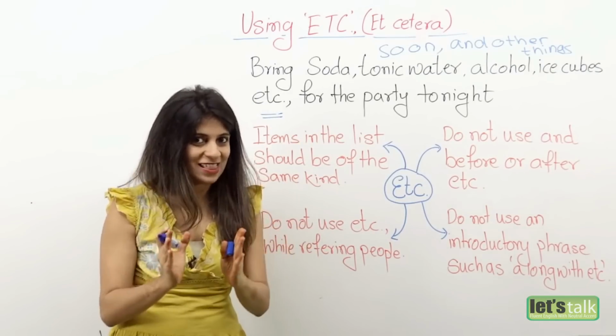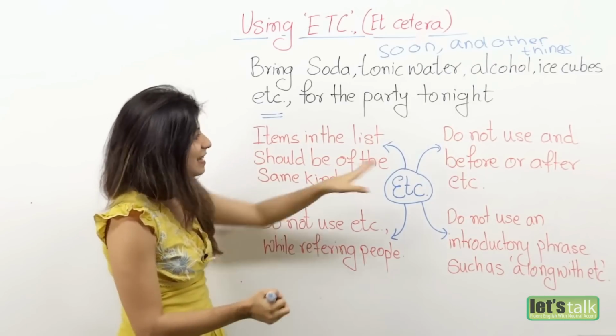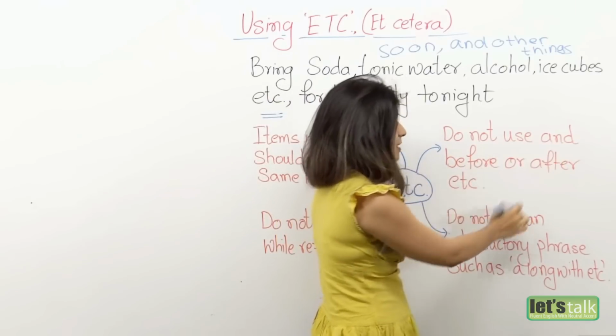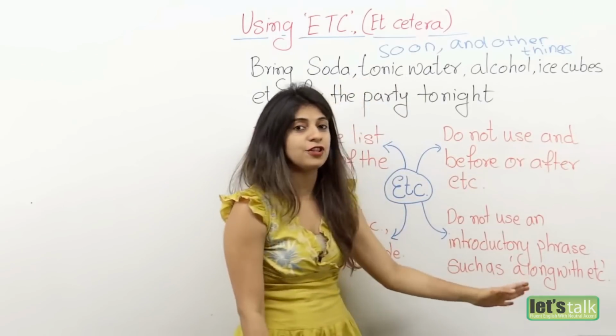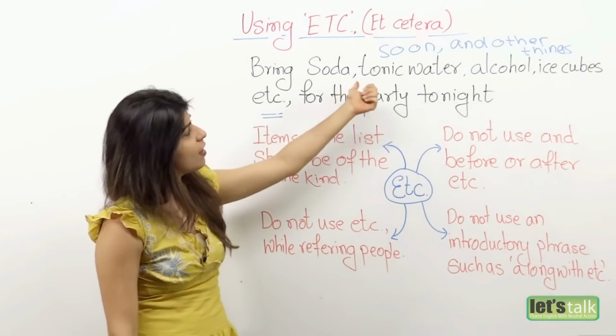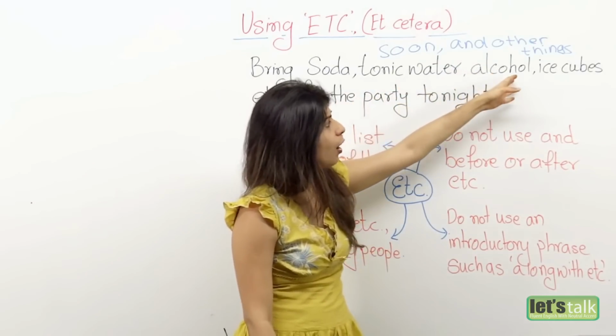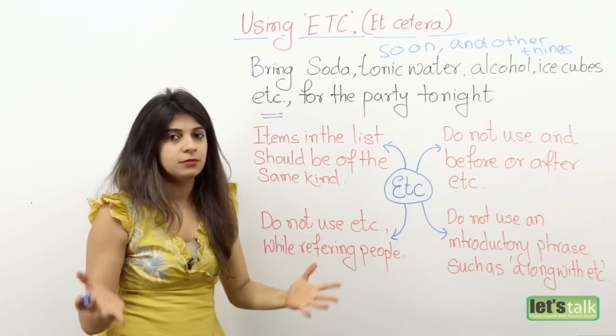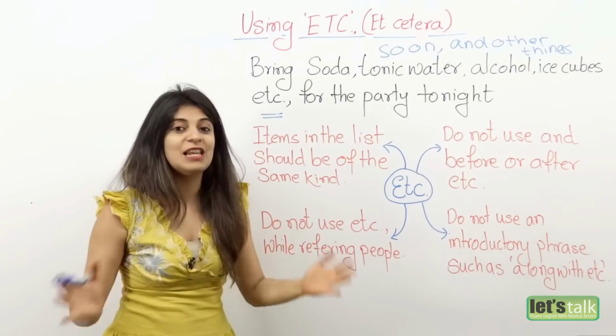Okay, so got this? Now, the second rule here is do not use and before or after etc. So if I say, bring some soda, tonic water, alcohol, and ice cubes, etc. Okay, that is incorrect.